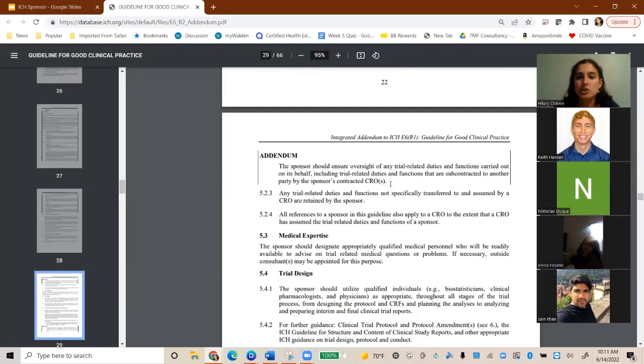So sponsors should ensure oversight of any trial-related duties and functions carried out on its behalf, including trial-related duties and functions that are subcontracted to another party by the sponsor's contracted CRO. This is basically the regulatory boards making sure that even if the sponsor says, oh, I hired a CRO, they were handling something, they're still responsible even if the CRO goes and hires somebody else.